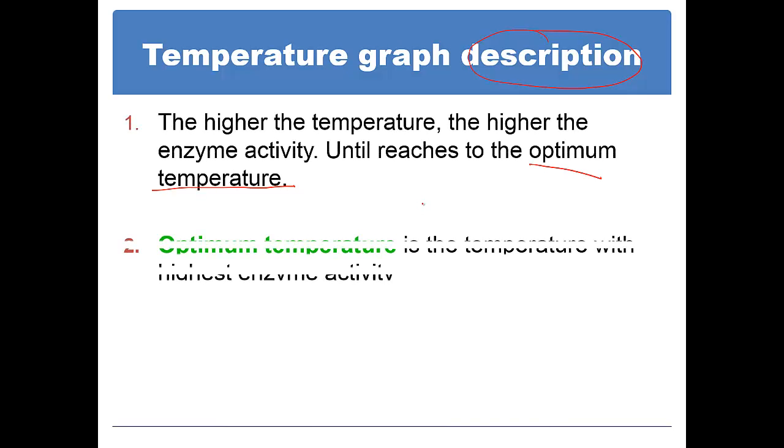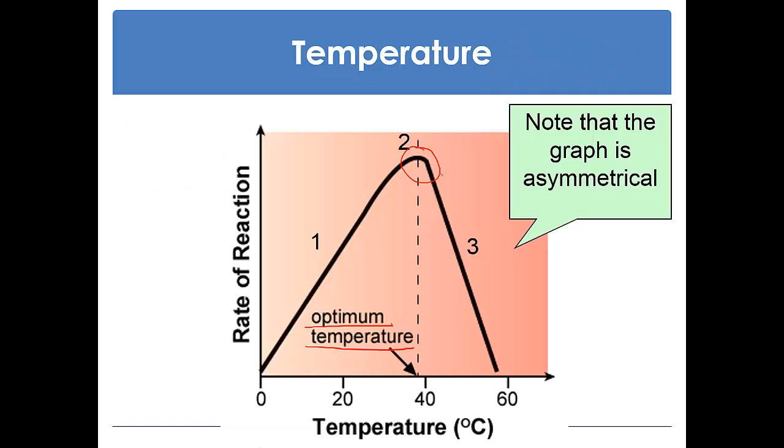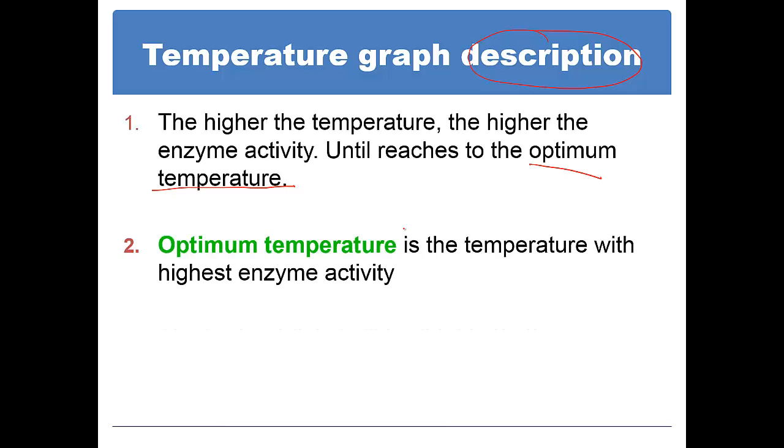And the second sentence that you want to raise about, of course, is the turning point, the optimum temperature, which is just now the peak in the picture here. So if you are going to write this, then you are going to say, this is the point where you can have the best or the highest enzyme activity.